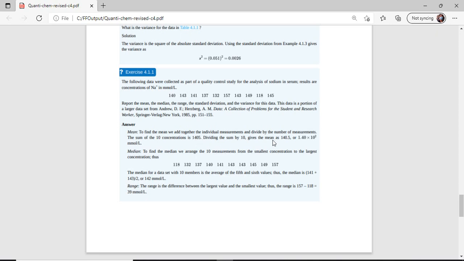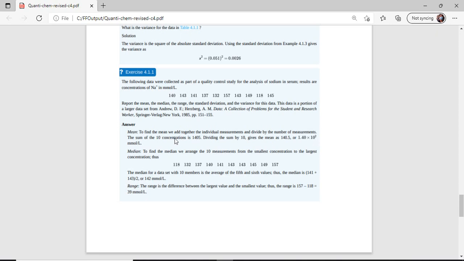Therefore, it will give you a mean of 140.5. In scientific notation, that is 1.40 times 10 raised to 2 millimoles per liter.